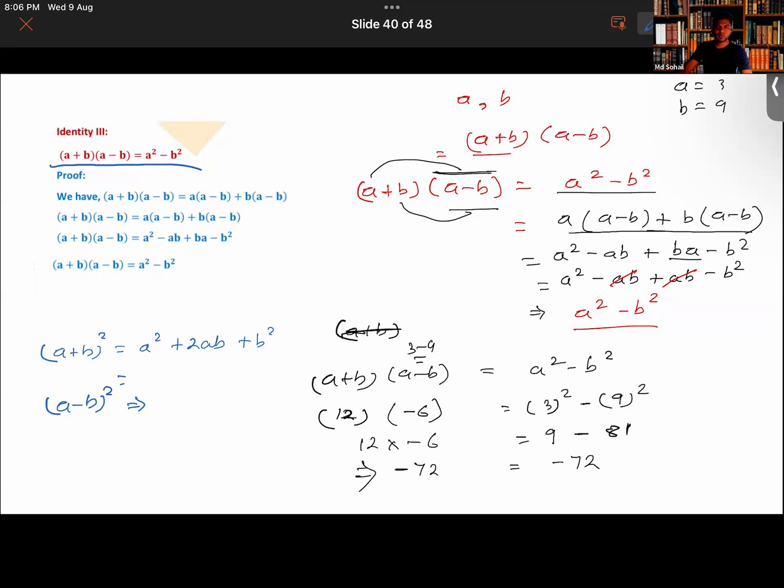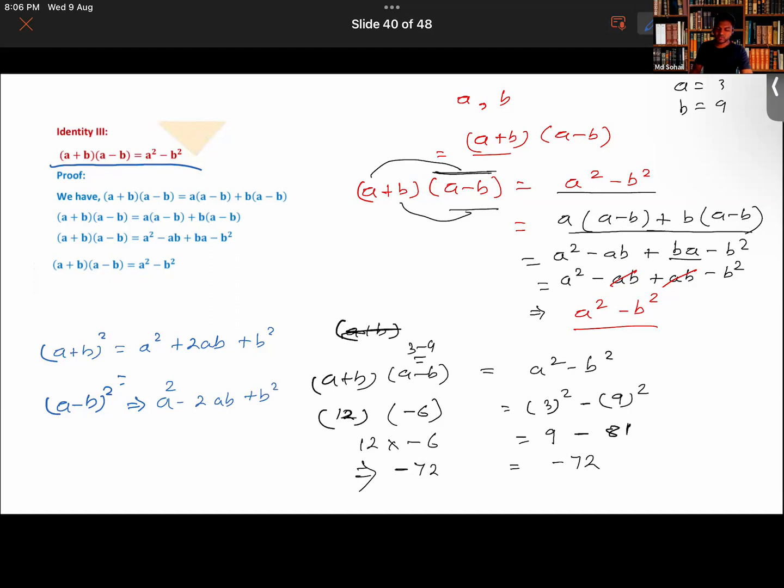A minus b whole square equals a square minus 2ab plus b square. Yeah, a square. All right.